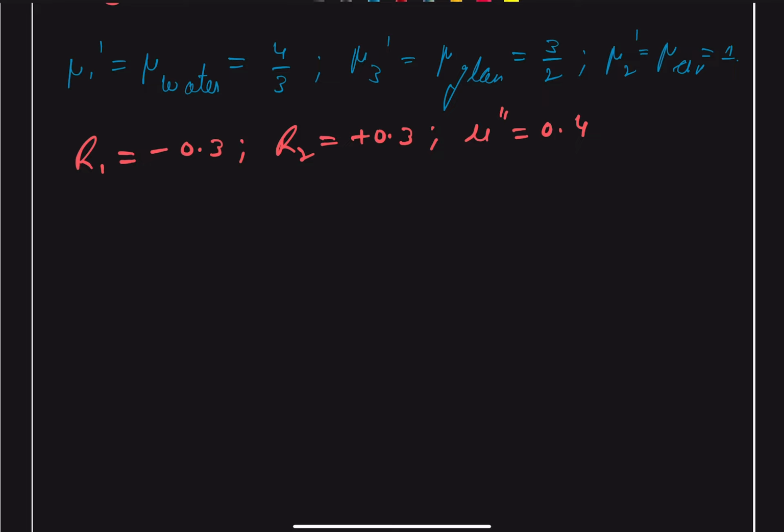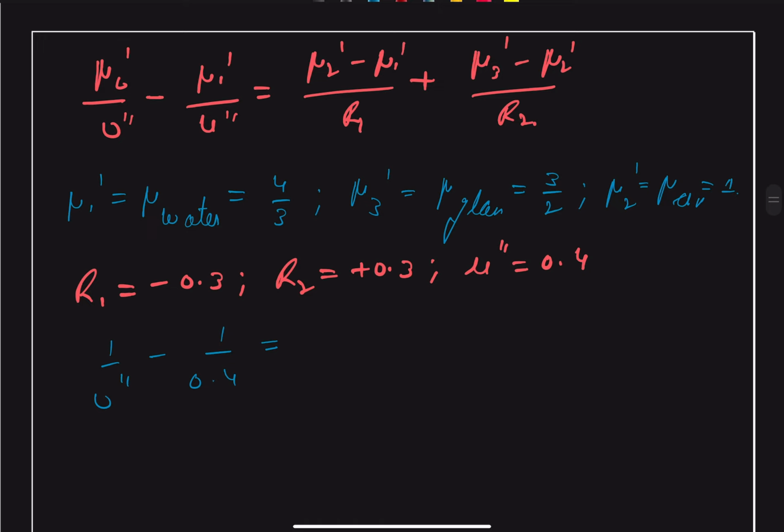We simply substitute the values. We get 1 upon v double prime minus (4/3) divided by 0.4 is equal to (1 minus 4/3) divided by (minus 0.3) plus (3/2 minus 1) divided by plus 0.3.